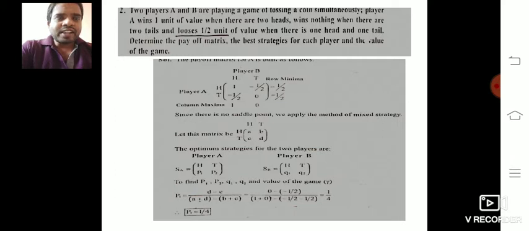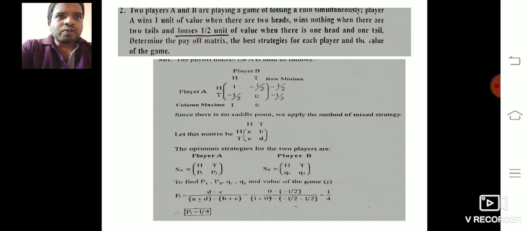For the 1 1 cell, we can write 1. Now wins nothing when there are 2 tails. Wherever the 2 tails are coming, just write down 0 there. For the 2 2 cell, we can write 0.